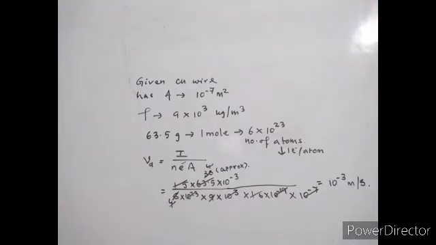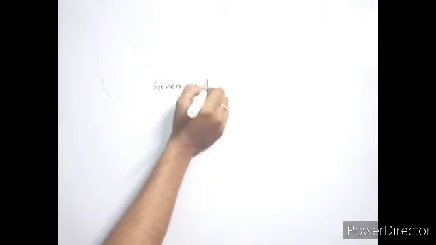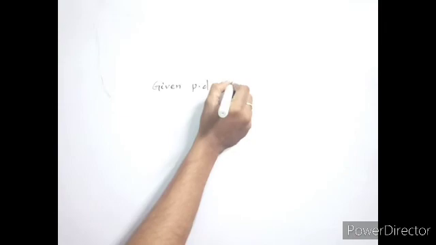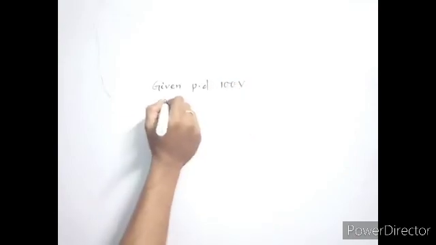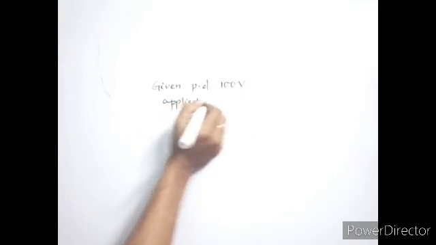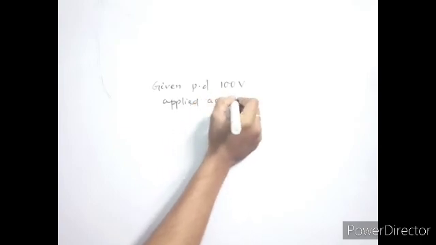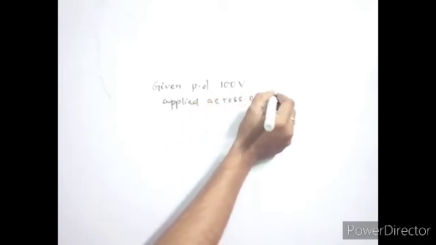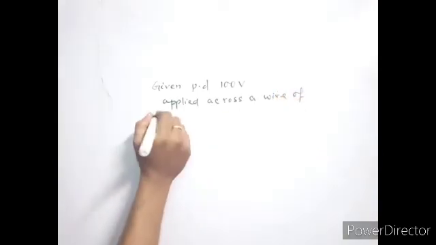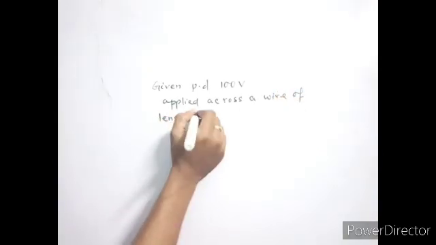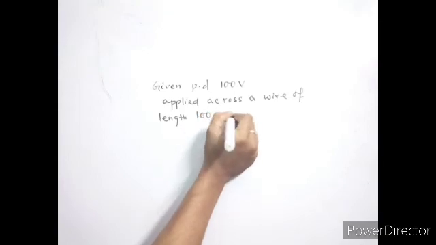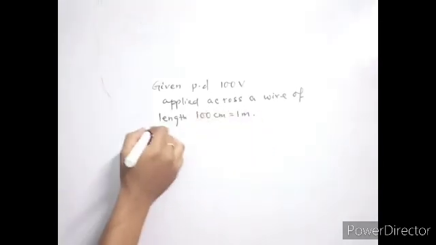So this is how we calculate using problems related to drift velocity. Some more problems on drift velocity can be like this: suppose it's given that we have an applied potential difference of 100 volts, applied across a wire of length, say, 100 centimeters, which is equal to 1 meter, of course.